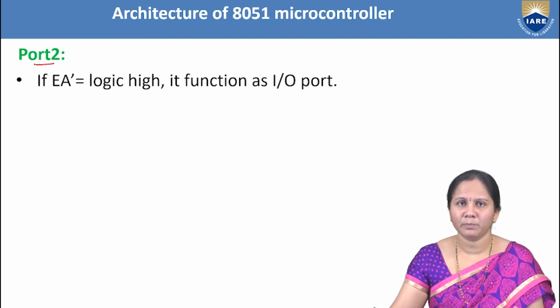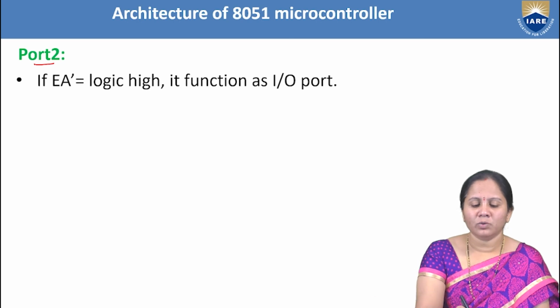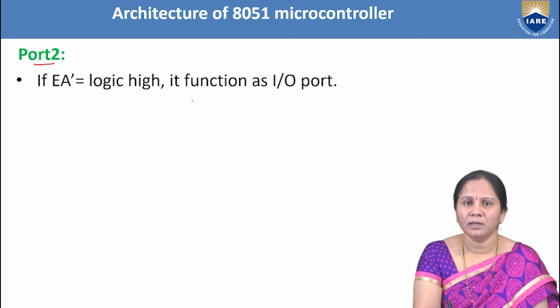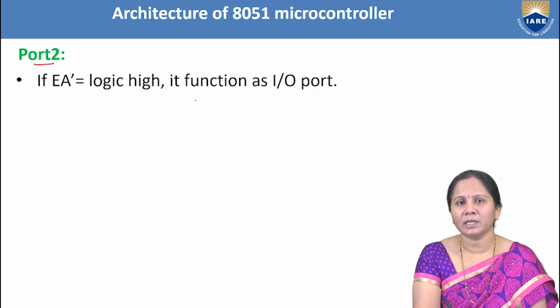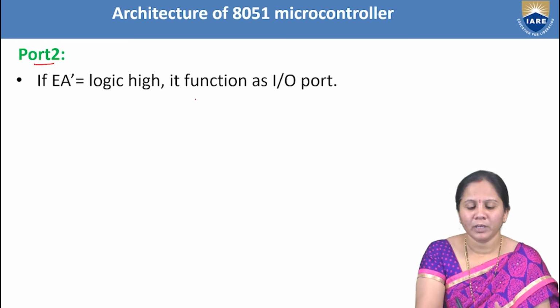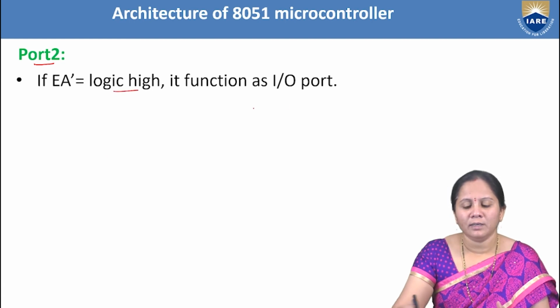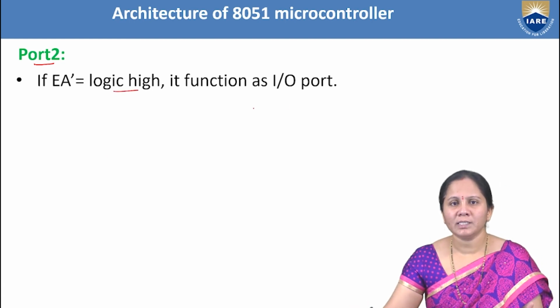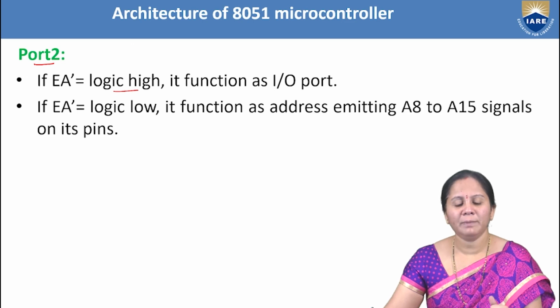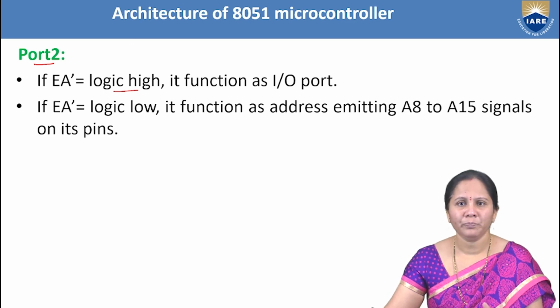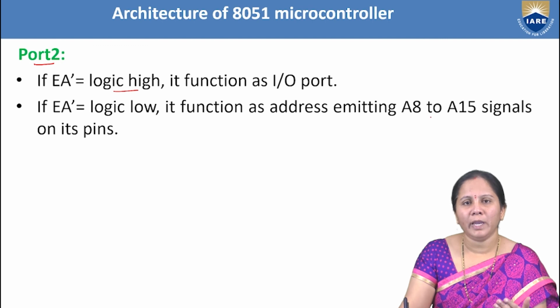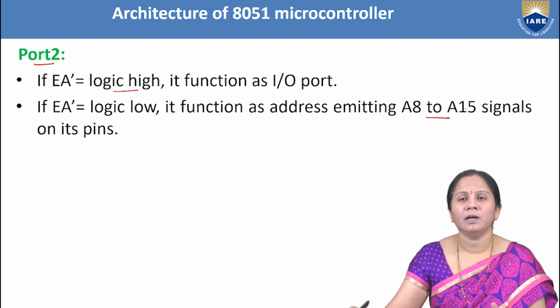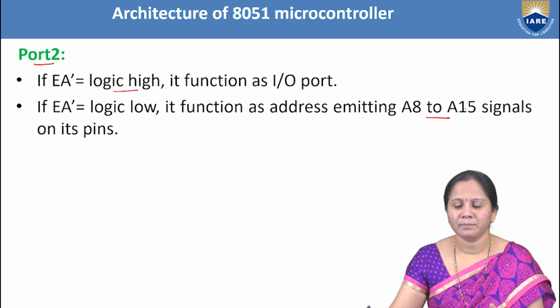It is an 8-bit port that acts as input-output port pins and also as address lines. If the EA bar signal is high, port 2 pins act as IO pins. If the EA bar signal is logic low, the 8 pins act as address lines.